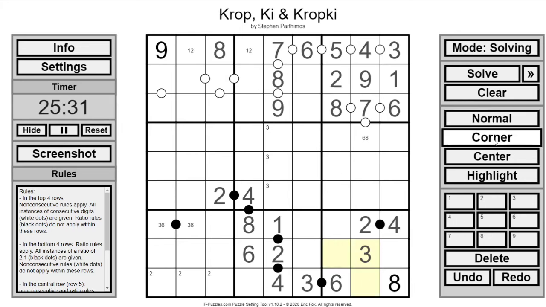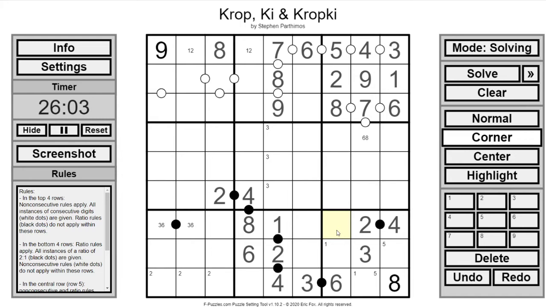1 has to be in one of these spaces. 5 has to be in one of these spaces. So this is either a 7 or a 9.